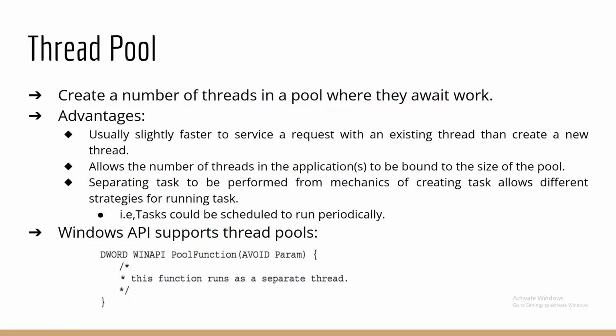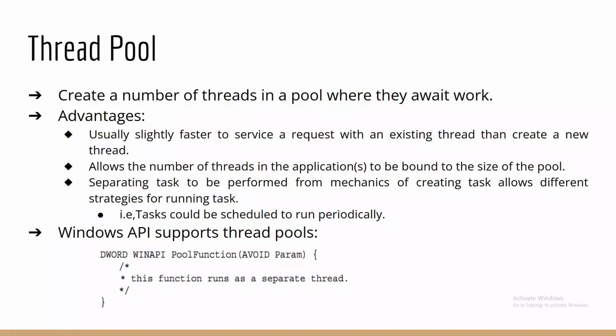If all threads in the pool are busy, the request is queued up until a thread becomes free. Once a thread finishes its task, it does not get destroyed, it just returns to the pool, ready for more work. This approach has several key advantages.